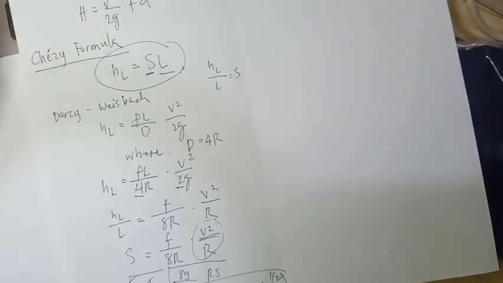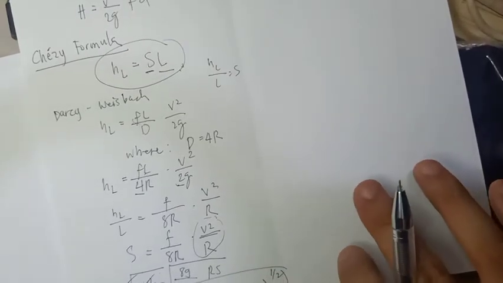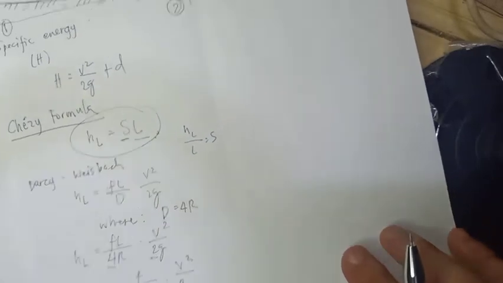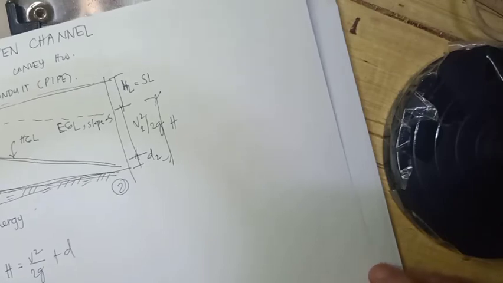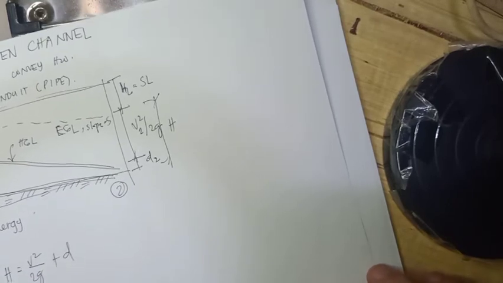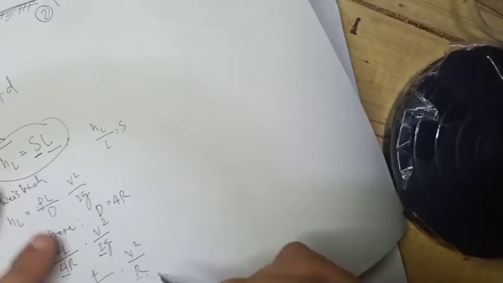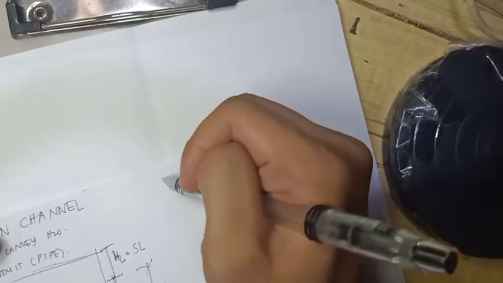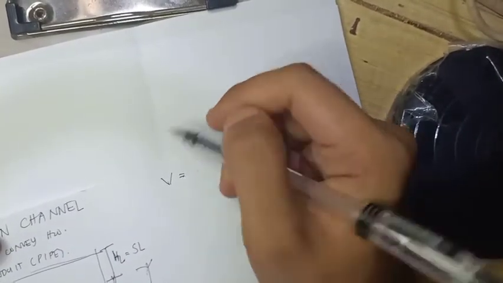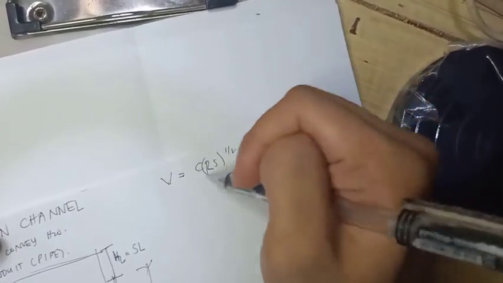When there is F, the friction factor, it would be Darcy-Weisbach. What if for a given channel slope and bottom roughness, the quantity 8G over F raised to the power of 1/2 is constant and can be denoted by C. So it would become V equals C times RS raised to 1/2.